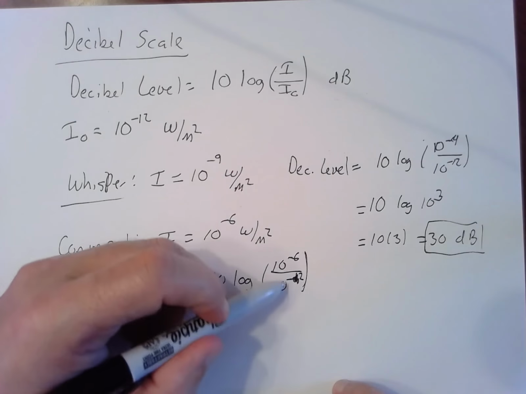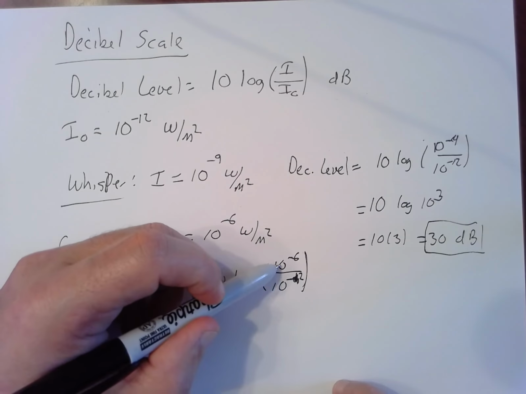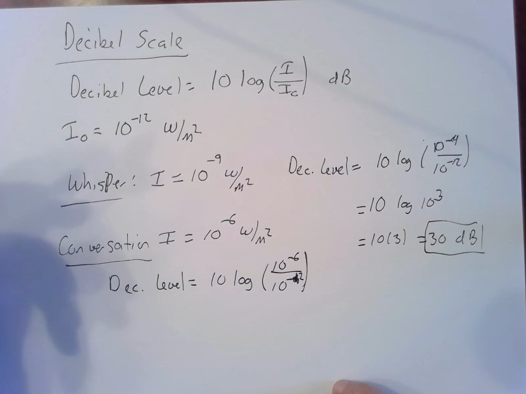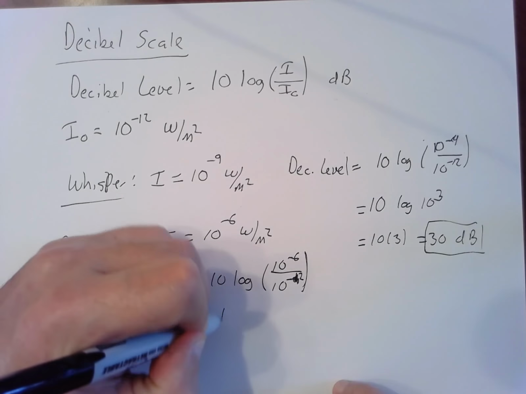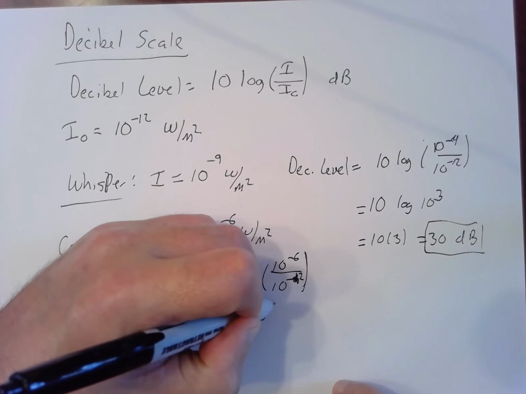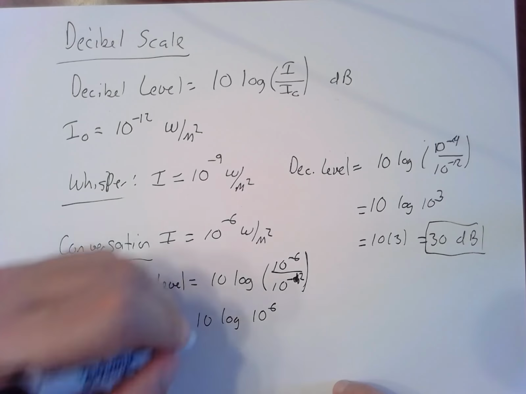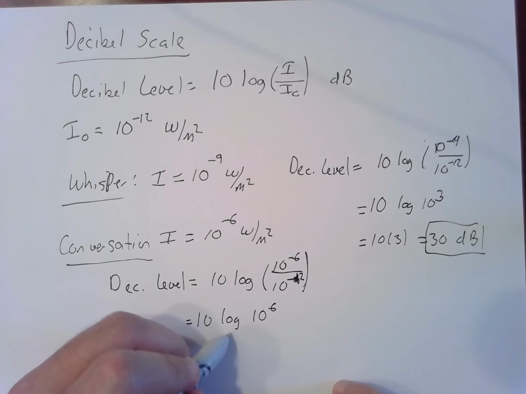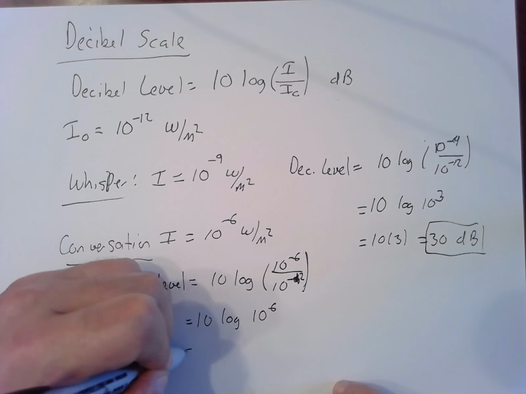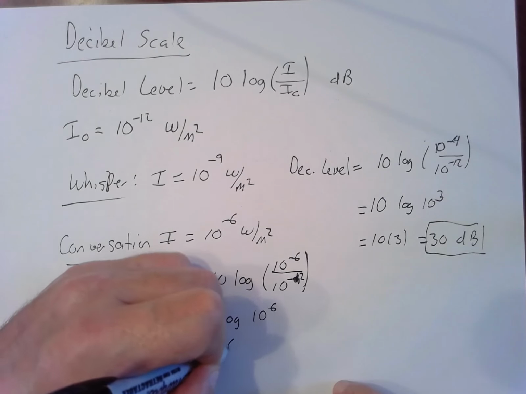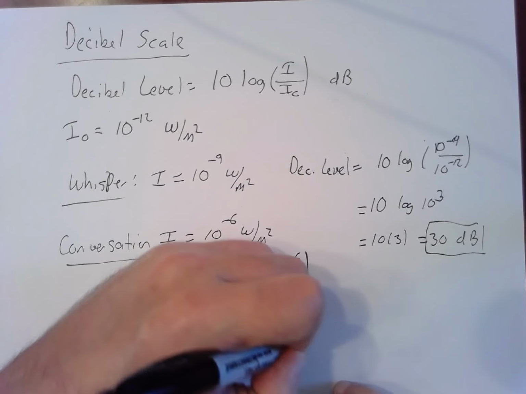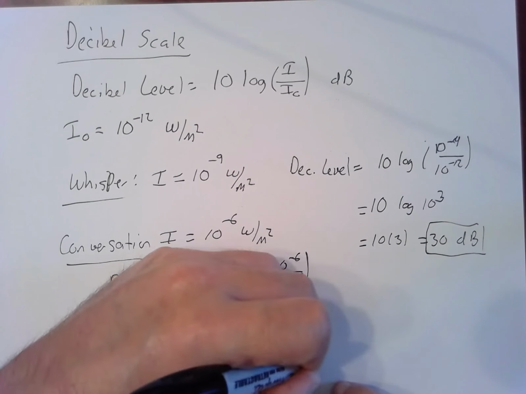It's just rules of exponents there. 10 to the negative 6 divided by 10 to the negative 12th is 10 to the positive 6th. Log base 10 of 10 to the 6th is just 6. So I'm talking at about 60 decibels.